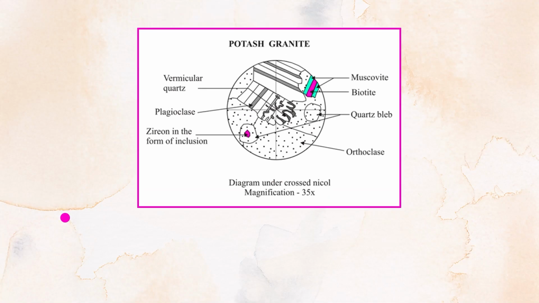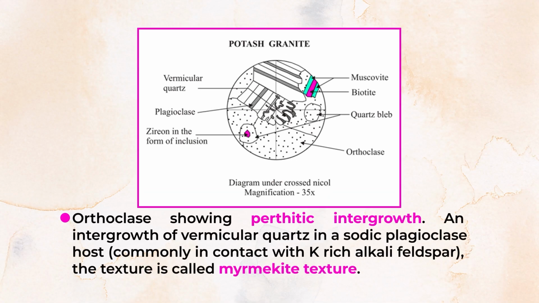Now I am citing an example of potash granite. In this case, orthoclase shows perthitic intergrowth. You can see the vermicular quartz blebs are there, they have grown and formed an intergrowth. An intergrowth of vermicular quartz in a sodic plagioclase host, commonly in contact with K-rich alkali feldspar.